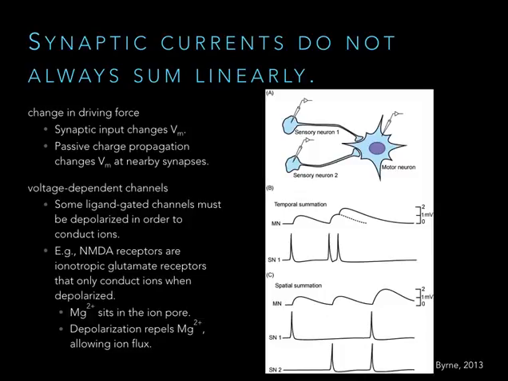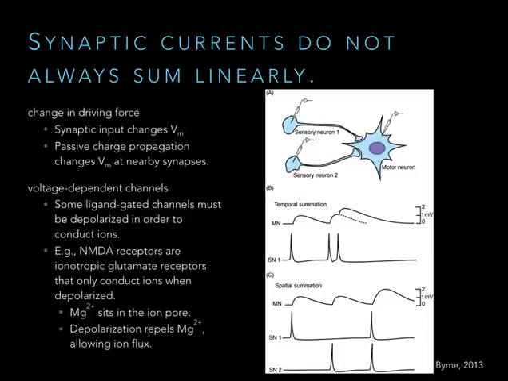Okay, we can see that in this panel. If we look at part B there, what it's showing is the summation of the same synapse over time. So you can see when synapse 1 is activated, the motor neuron that they're recording from gets a little bit of depolarization. If you were to stimulate it twice, you get a little bit of depolarization, and then a little bit more that's not quite as much as the first one.